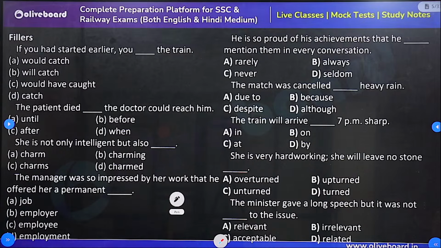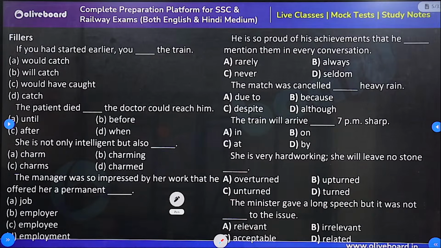Great. The first answer is correct. Second answer is correct.